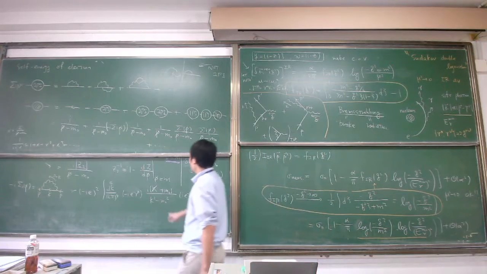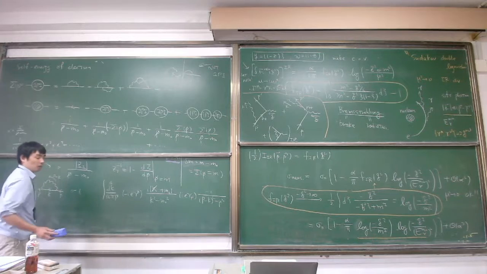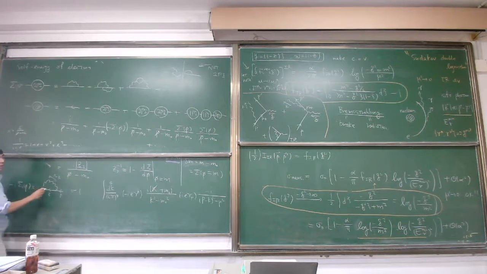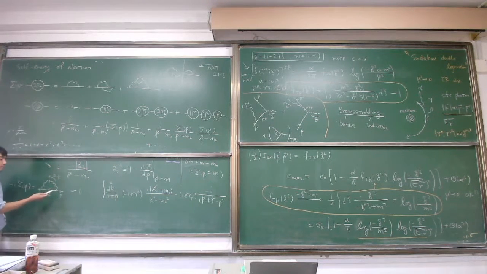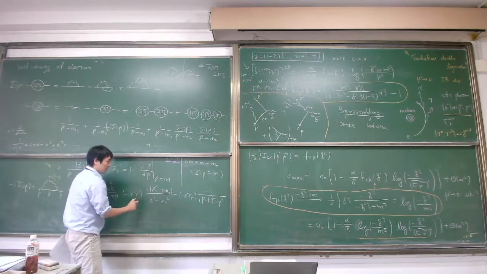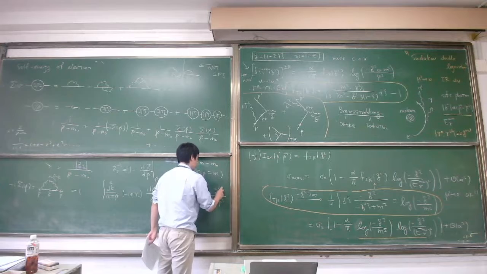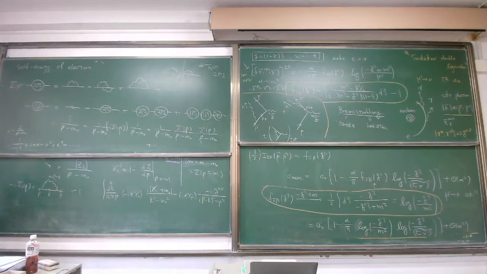The k slash is missing and I just got rid of it. So minus i e gamma comes from here, and minus i e gamma comes from here. More precisely, you can write g mu nu, but here you put the g mu nu. So this is the correct diagram.